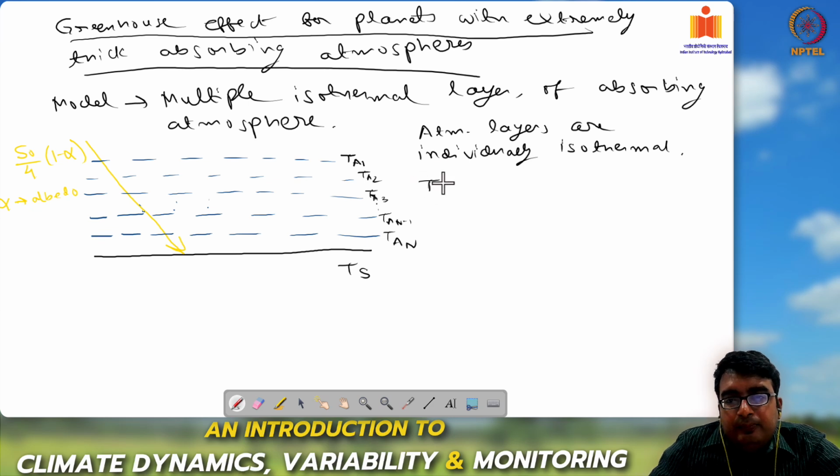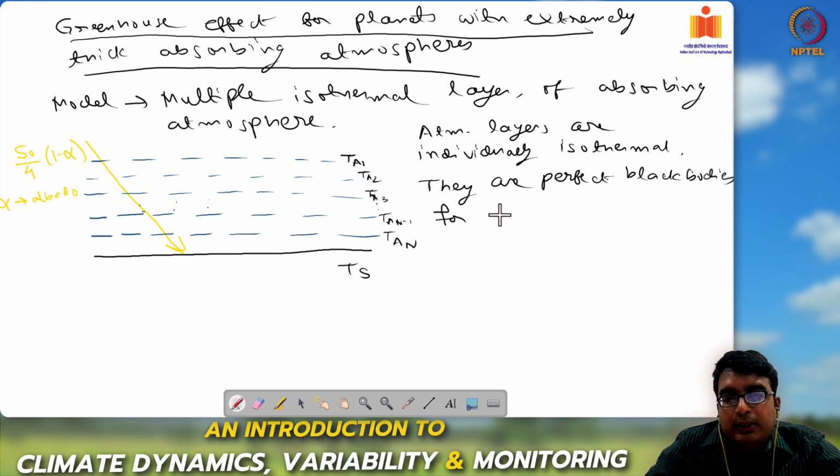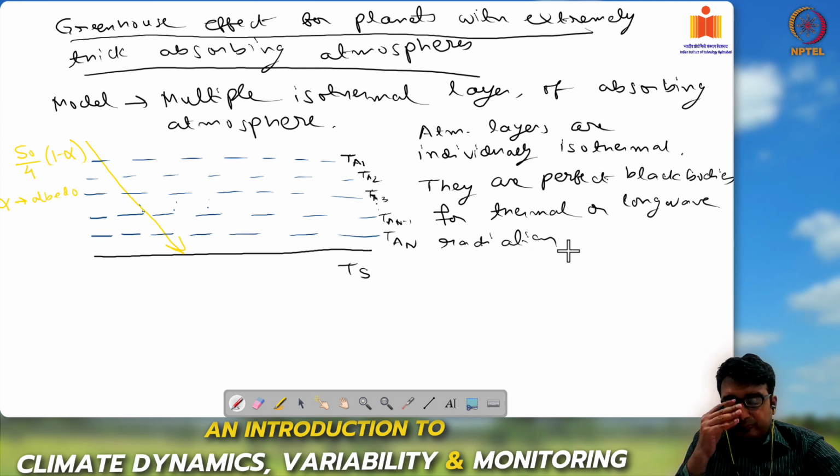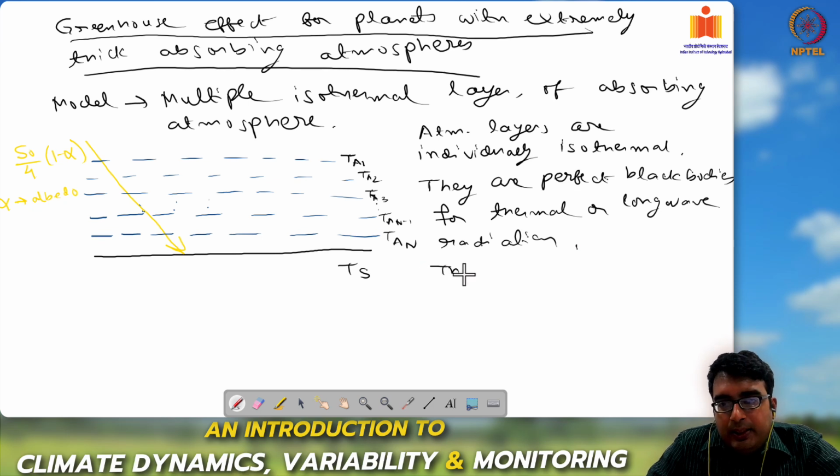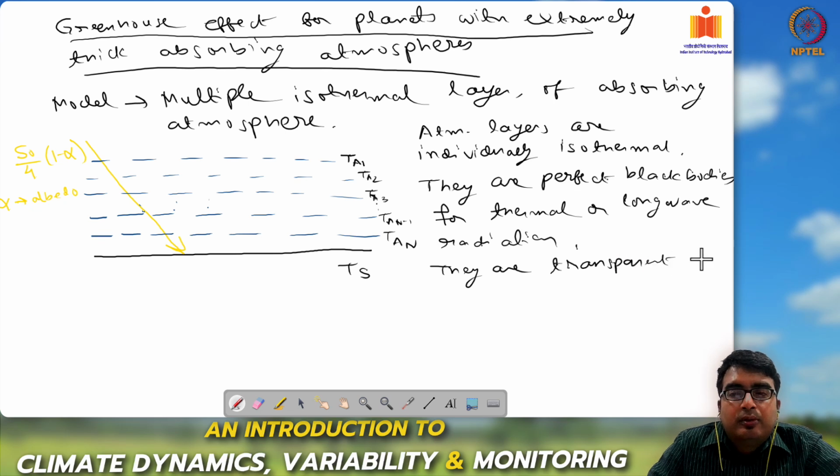They are perfect black bodies for thermal or long wave radiation. They are transparent to solar or short wave radiation.